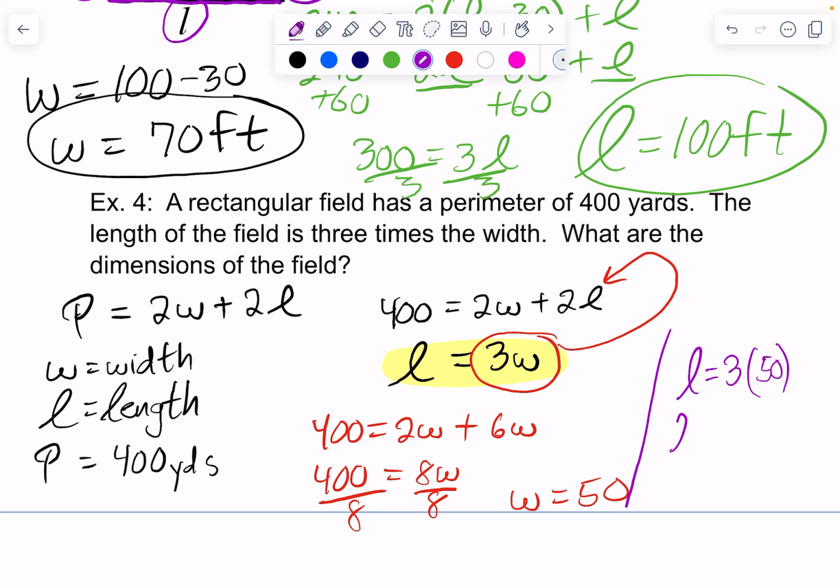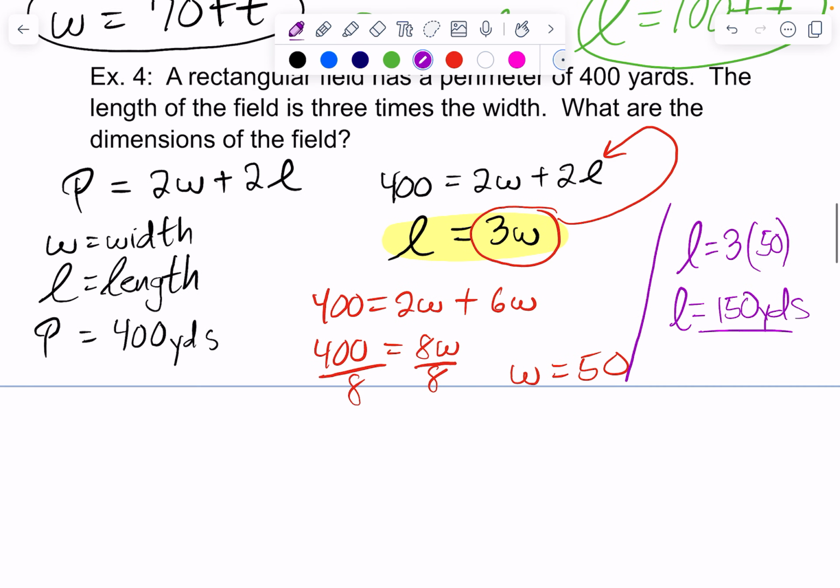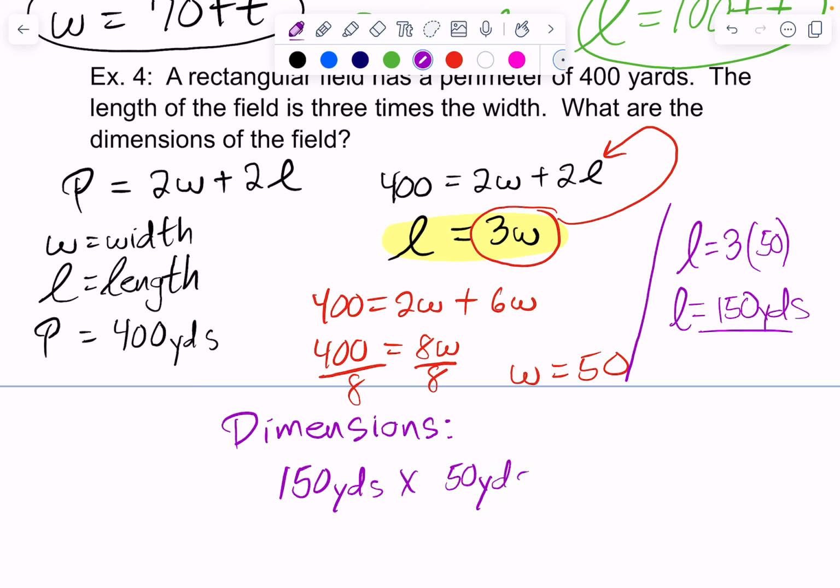So my length is 150 yards. So what are the dimensions of this field? Again, dimensions are usually written as length and then width. So the dimensions would be 150 yards by 50 yards. There you have it, geometry problems.